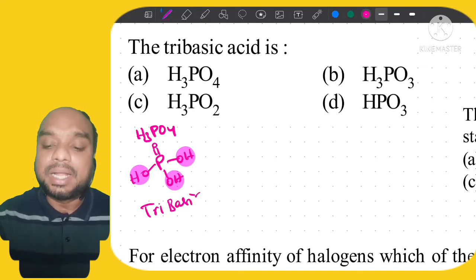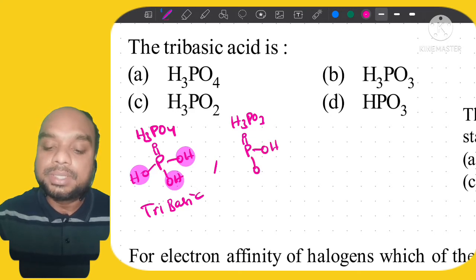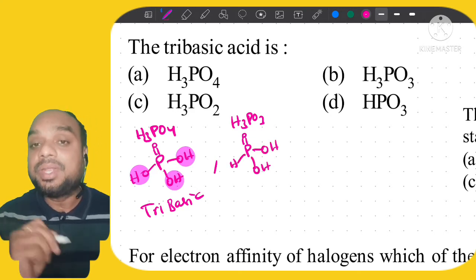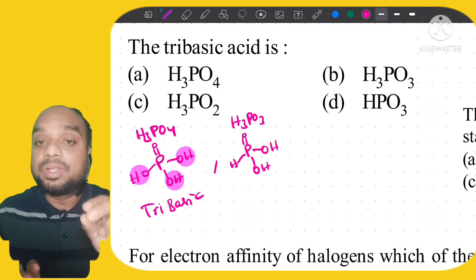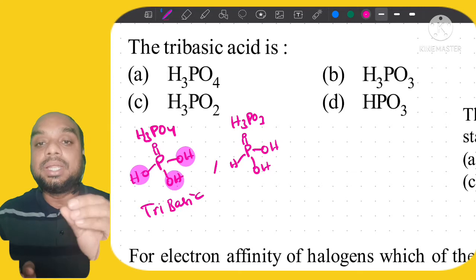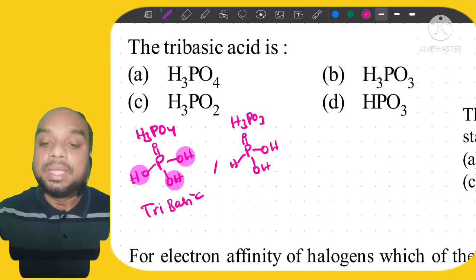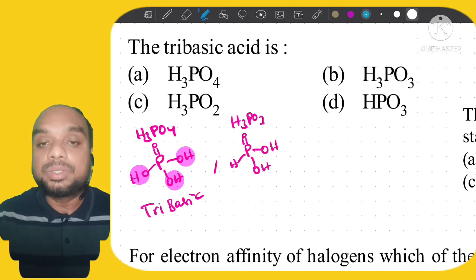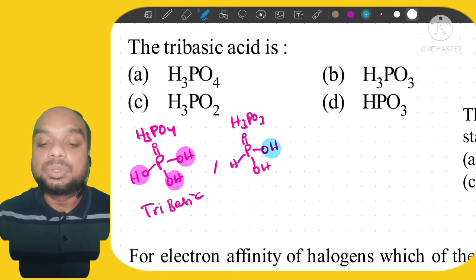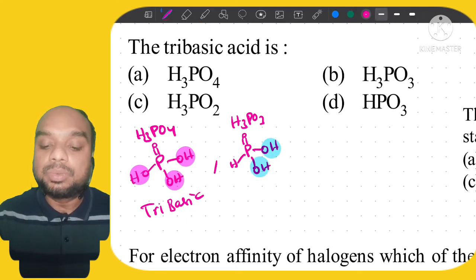Tribasic. Okay, the remaining ones we'll also see. H3PO3 structure: P double bond O, OH, OH, and H. Here a very important point is that the hydrogens combined with oxygen are the only replaceable hydrogen atoms. Here only 2 hydrogens are combined with oxygen, so it contains 2 replaceable hydrogen atoms.